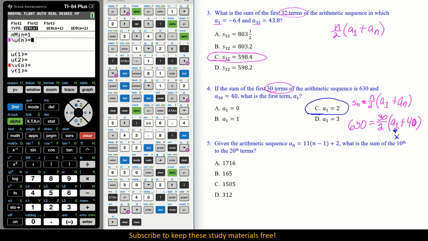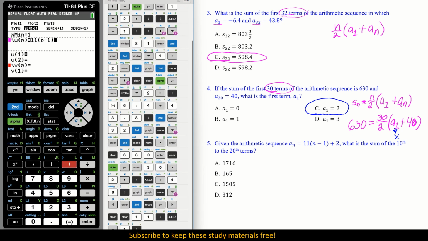But I'm going to show you how we're going to do this by just populating this and then putting it in a summation. So we're going to need to say 11 parentheses n minus 1 close parentheses plus 2, and I'm just going to press enter so I see it's there. Now we're putting that in the function u. That's what I need you to remember.